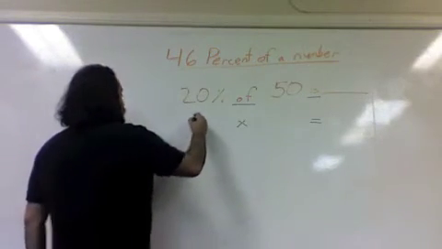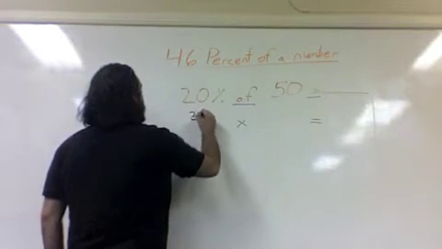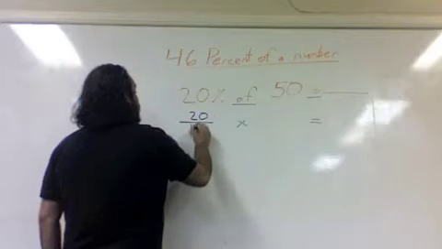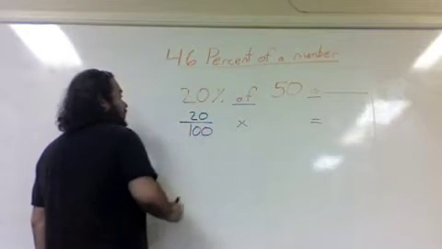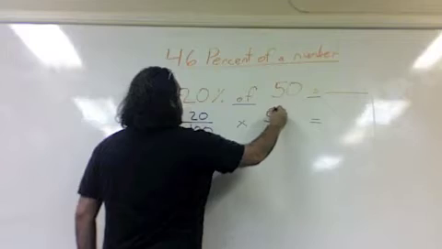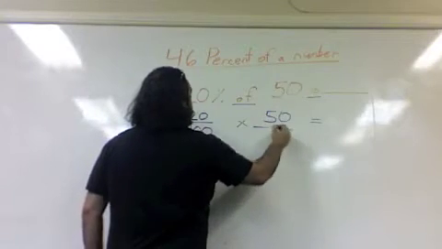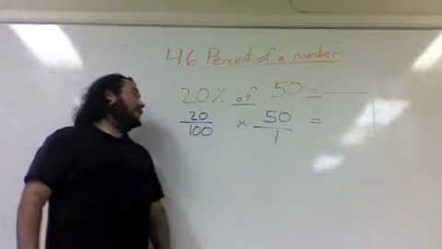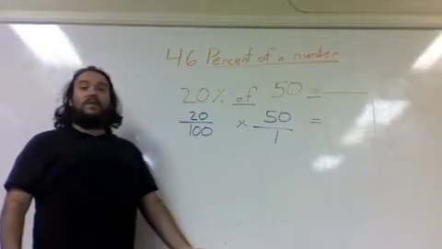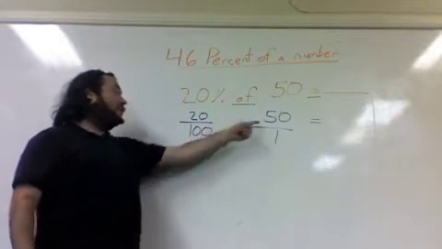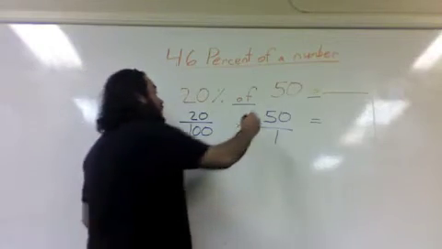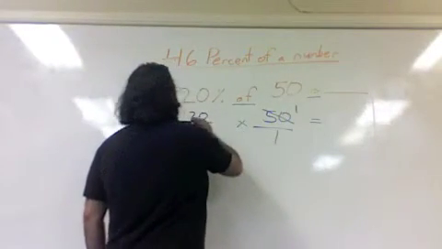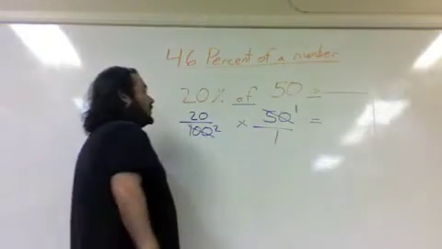20%. That's 20 out of 100, 20 100ths times 50. And remember, with whole numbers, we can always write them as a number over 1, right? 50 divided by 1 is 50. Now we're just going to simplify. I know 100 and 50 can both be divided by 50. So that's going to become a 1. That's going to become a 2.